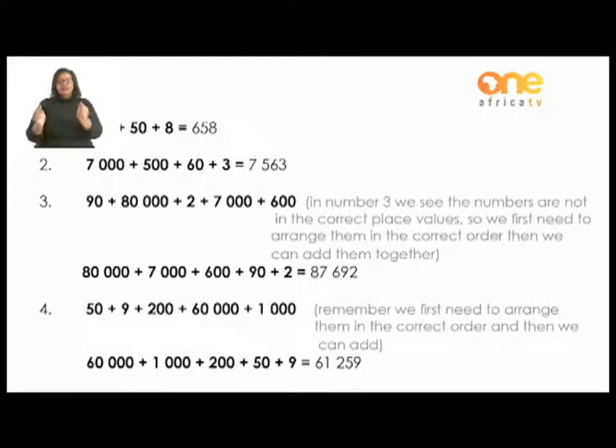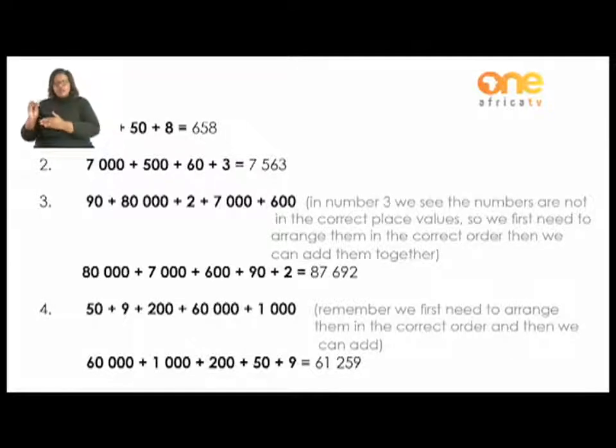So our first big number is 80,000 plus 7,000 plus 600 plus 90 plus 2. And if we add it together, that gives me 87,692. Remember, we first arranged from the biggest value to the smallest value, and then we add it together.